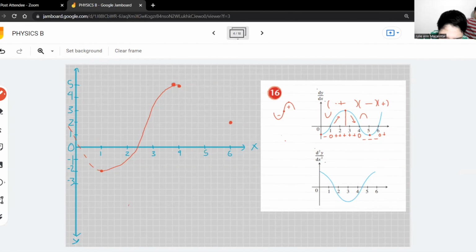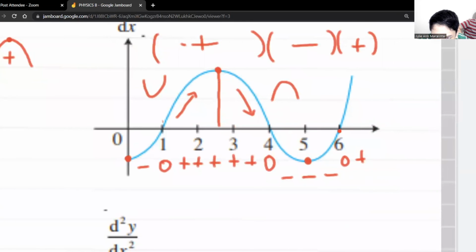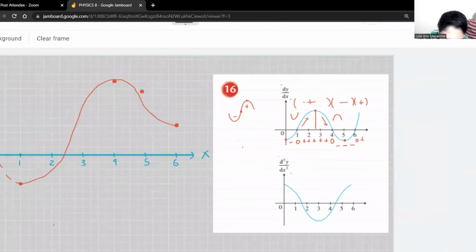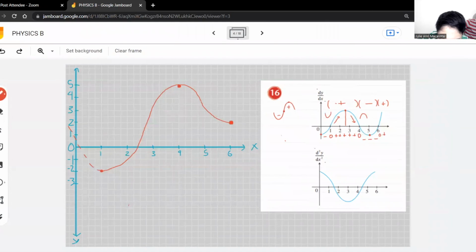But assuming it's approximately there, this is opening upwards, opening downwards, and then at around 5, it will start opening downwards until it ends at 6, because at that point the dy dx, or the slope, is already 0. So here the slope is 0, and then it will go up again, and then it's opening upwards.